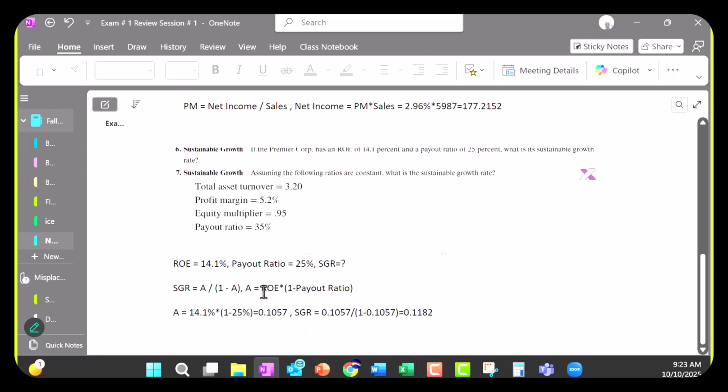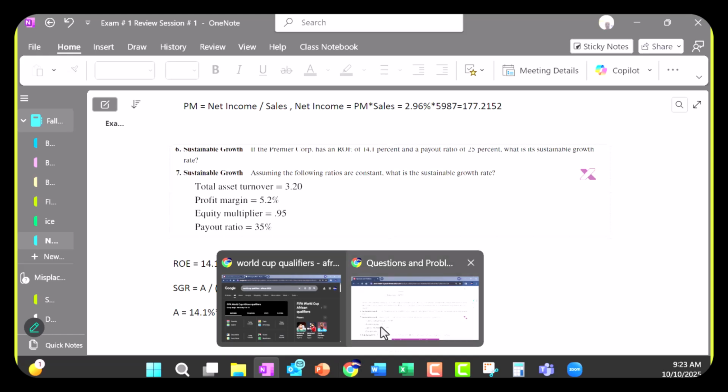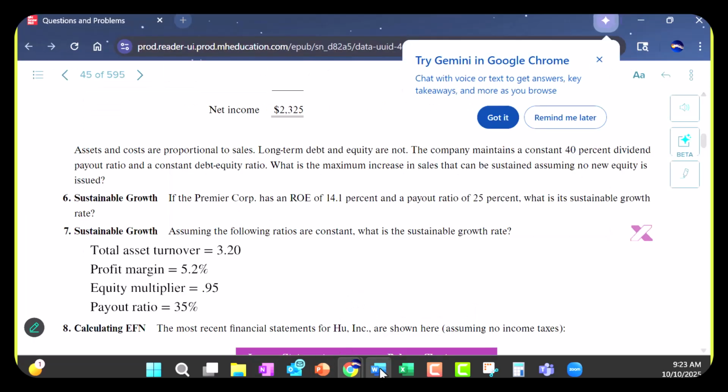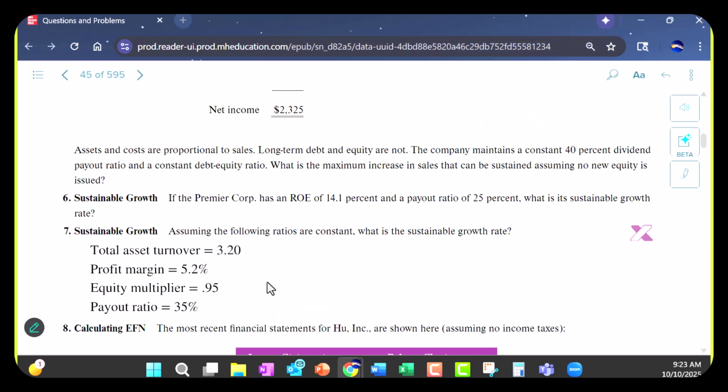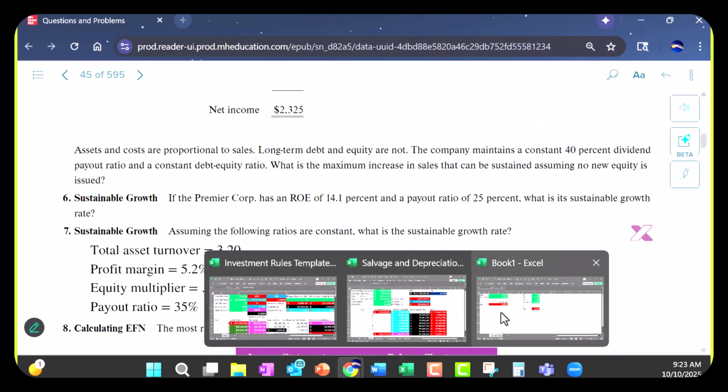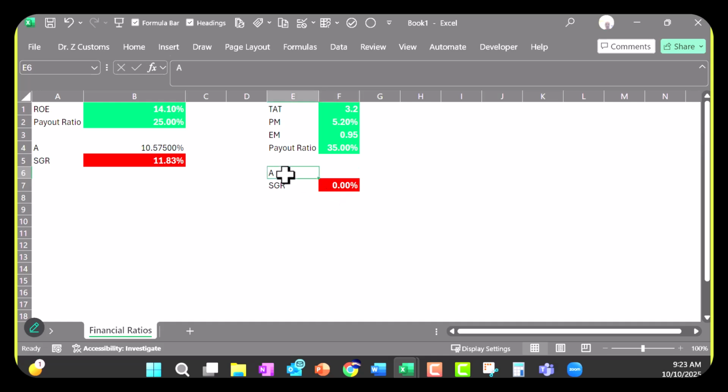Remember, A is ROE times 1 minus payout ratio, right? So what do I need to calculate A here? I need to calculate ROE, right? Let me copy for formatting again.